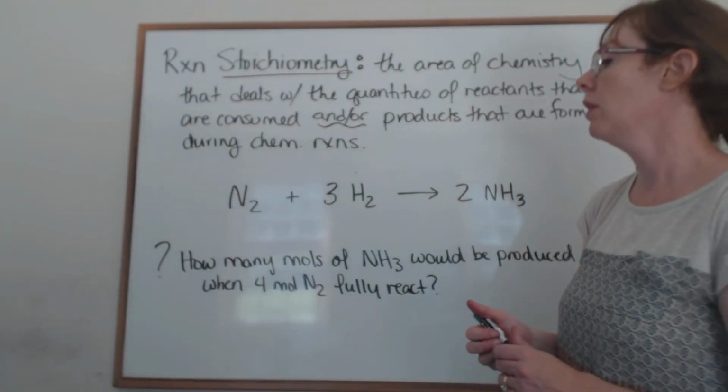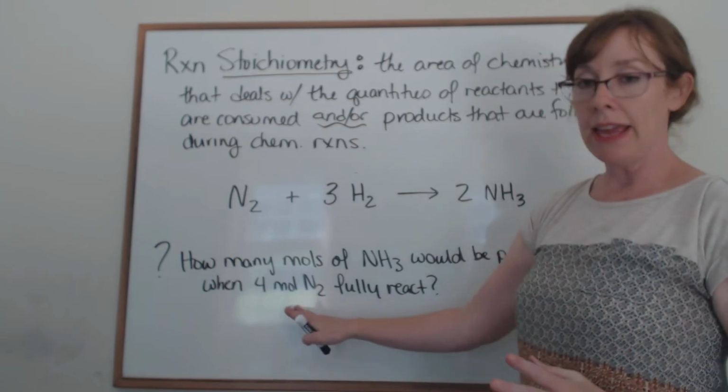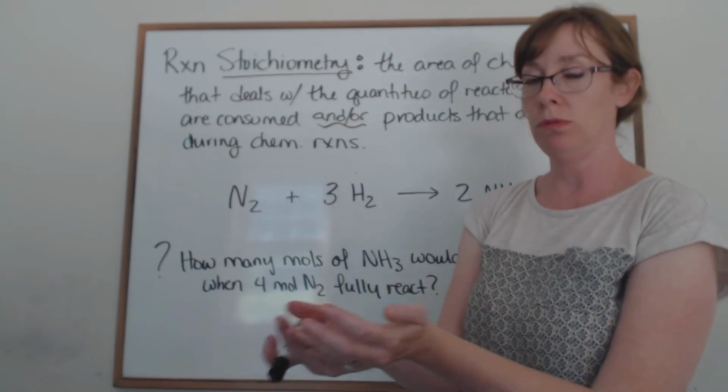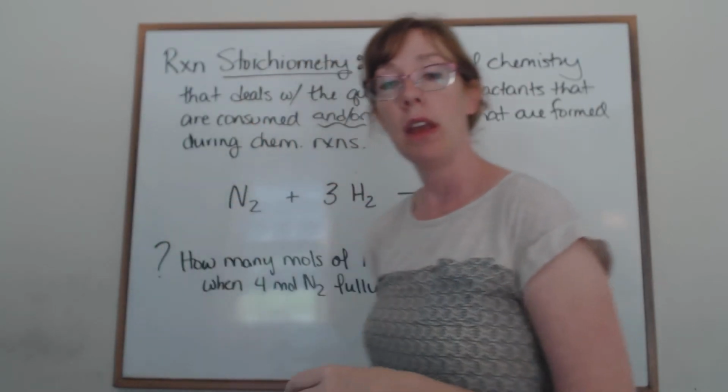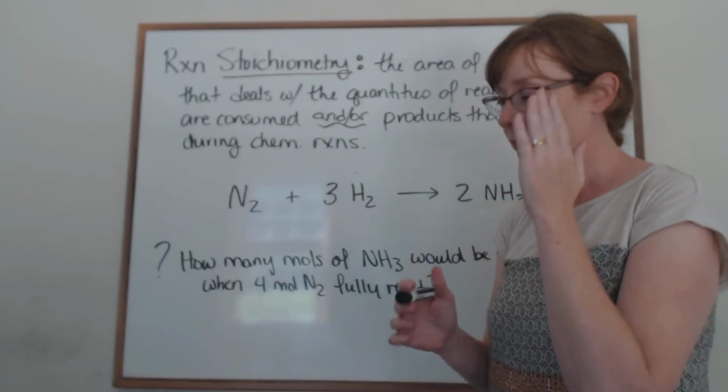All right, so what this is saying is that I have 4 moles of N2 in a beaker. This reaction happens. How many ammonias will I get?